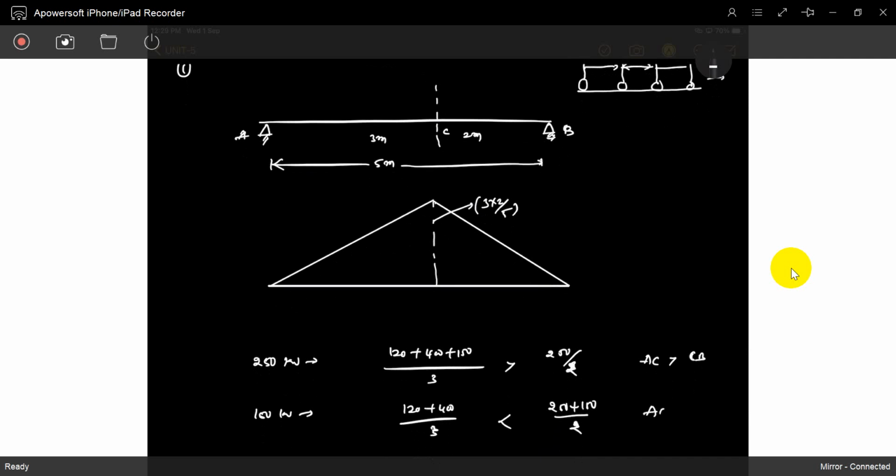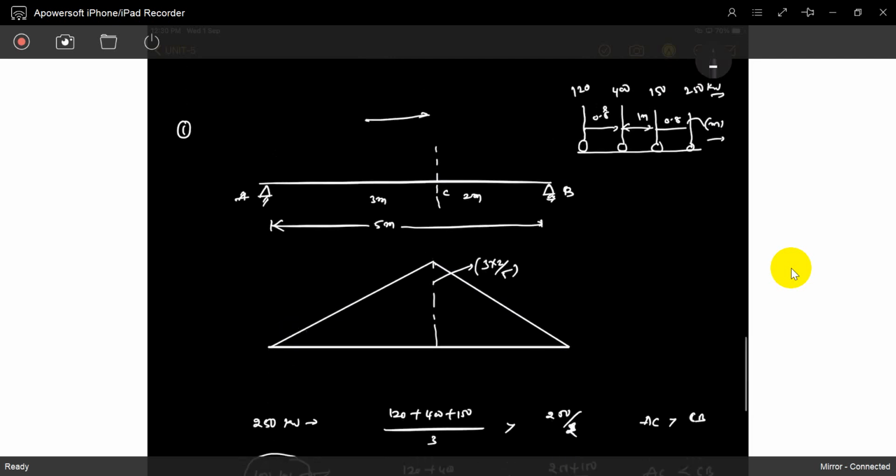So now you can clearly observe CB is higher. So we have to put 150 at that section. That's enough. If 150 crosses that section, the balance is shifting from AC to CB. So we have to put that 150 at that section. We got it.